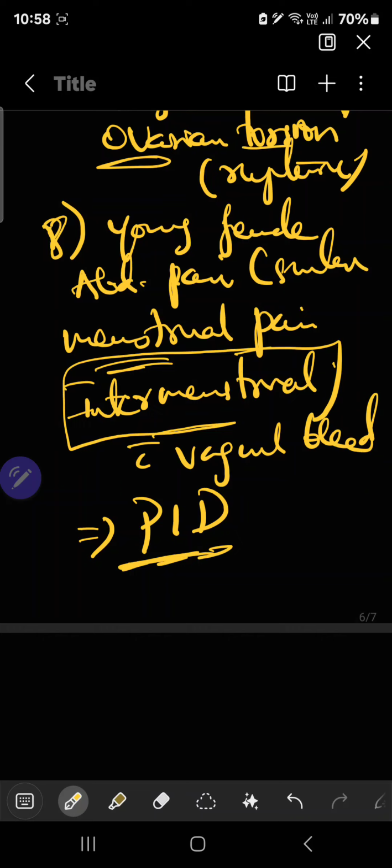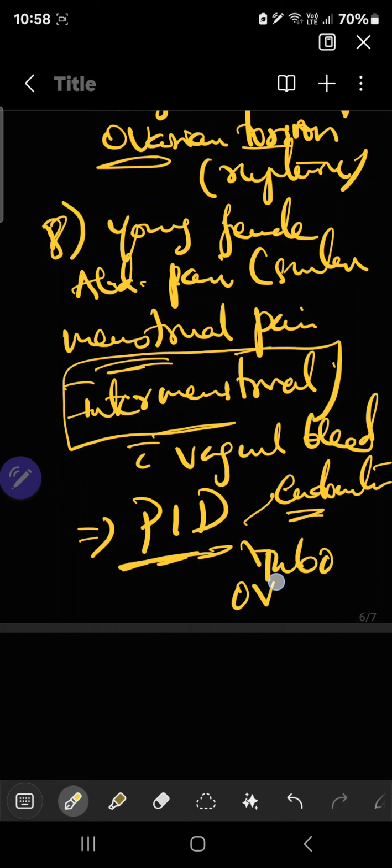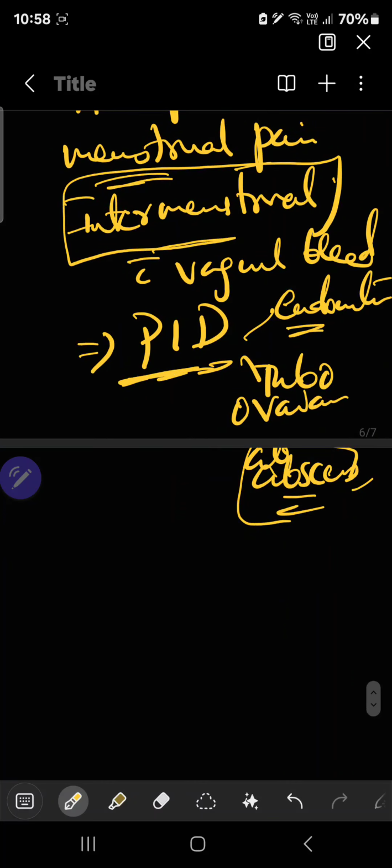So in pelvic inflammatory disease, you can suspect endometritis. You can write endometritis in the provisional diagnosis, or if the patient is having signs of sepsis, it could be tubo-ovarian abscess. We see it rarely in our ER department.